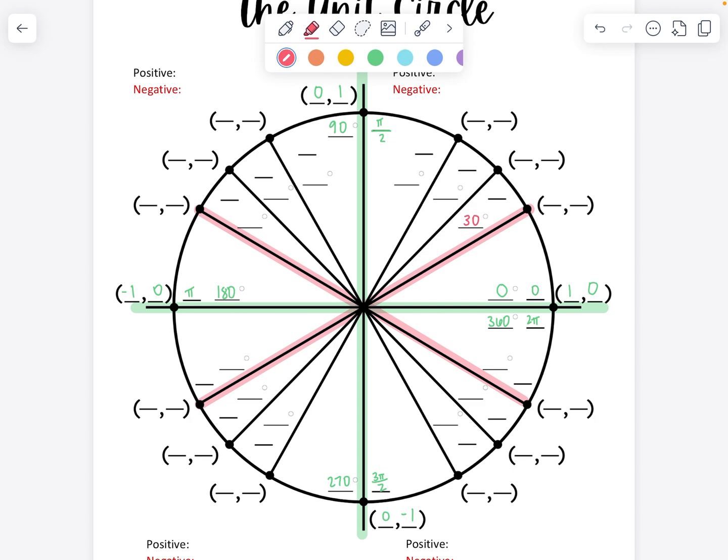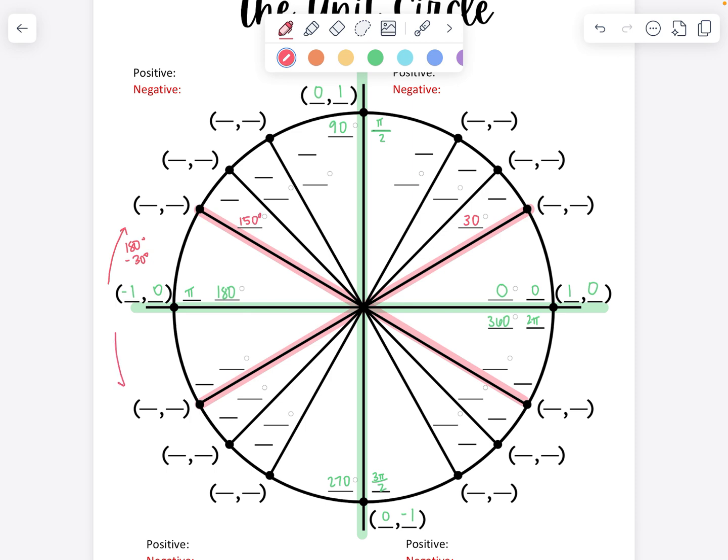And this is where we can use our reference angles that we talked about back in chapter 2. So remember, we can find reference angles by using our x-axis and either adding or subtracting them. So if I'm going up into quadrant 2, I would do 180 degrees minus my 30 degrees, which would get me to 150 degrees.